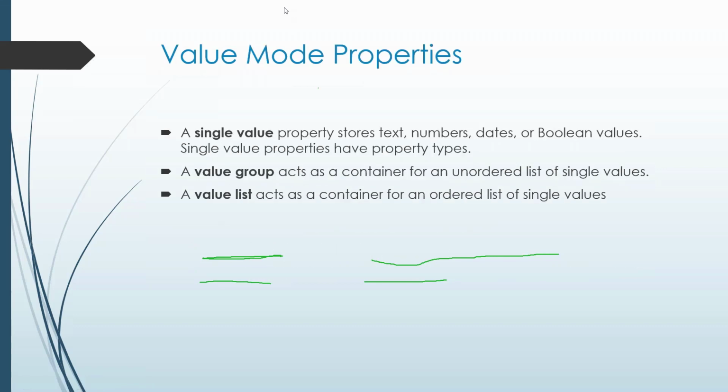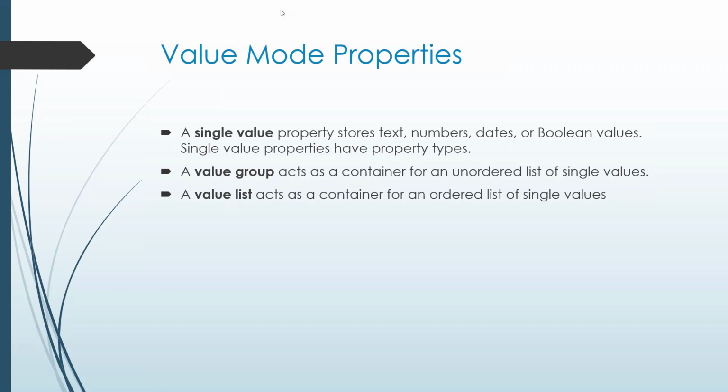Now within this, there is a further classification. Value mode properties are classified into three types: single value, value group, and value list. So what is a single value? A single value is something like the first name.